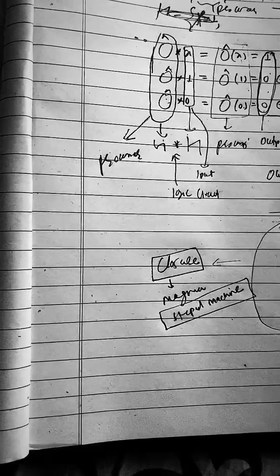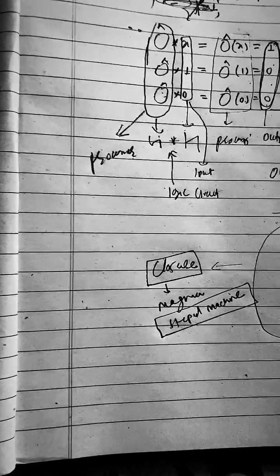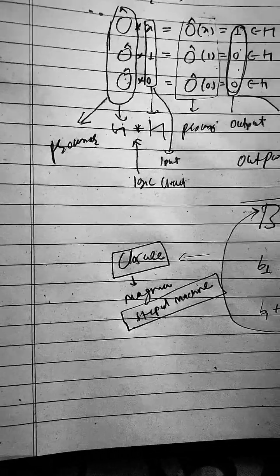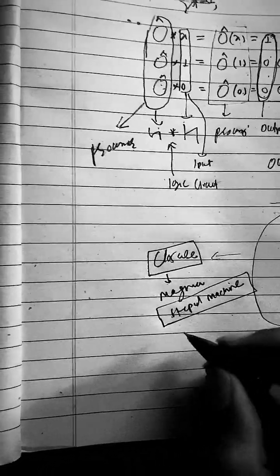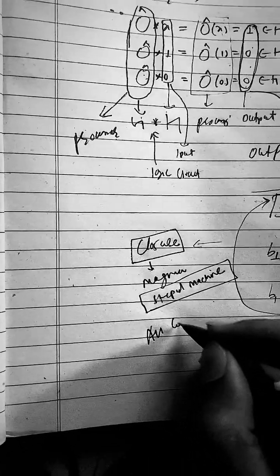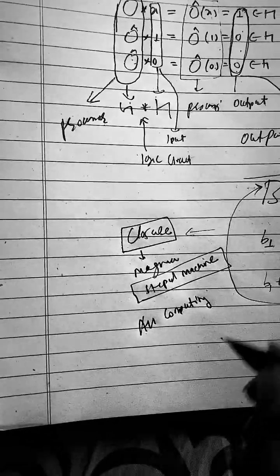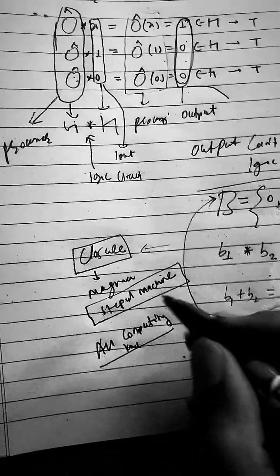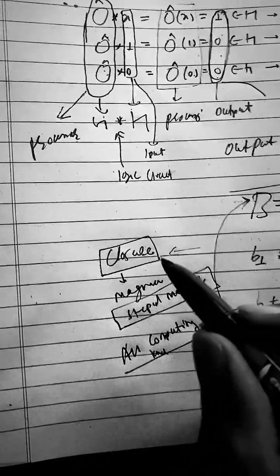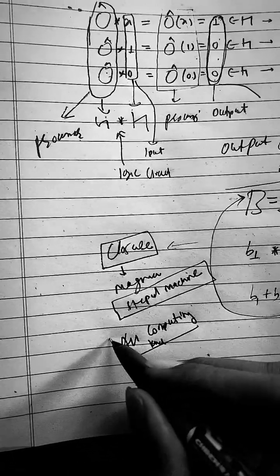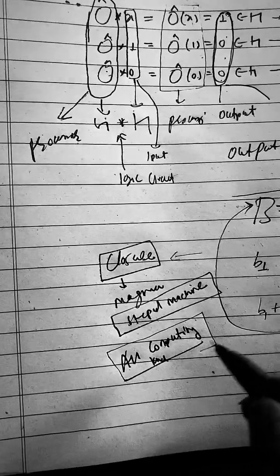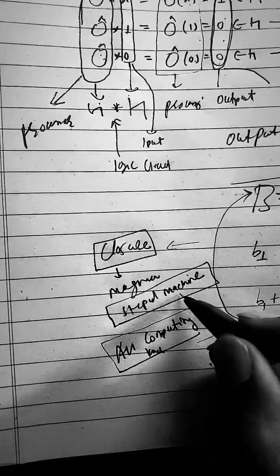Because it has no capacity to perform all kinds of computing. A machine that only satisfies closure cannot perform all kinds of computing.